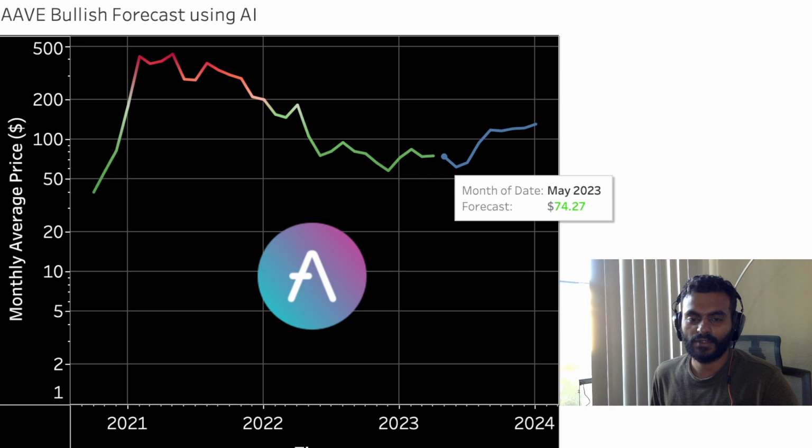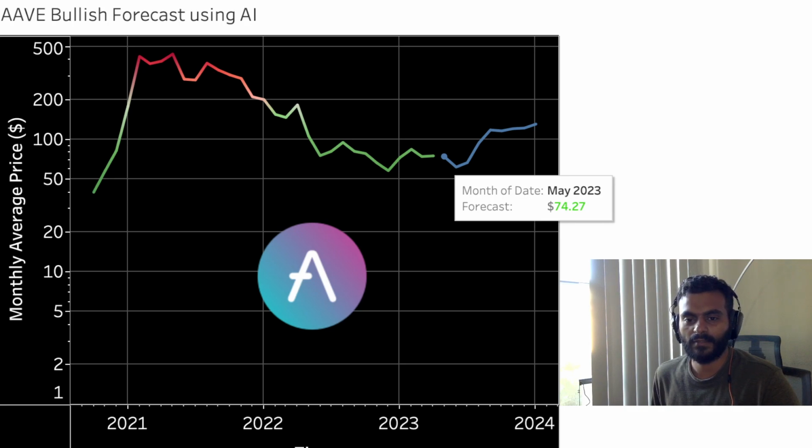The key thing to note is that because AAVE didn't have a presence in 2019, which was kind of like a recovery year for cryptos in general, the best fit of the z-score that I've considered is in late 2020. That's how these forecasted values are calculated based on the base forecast model and standard deviation and z-score.